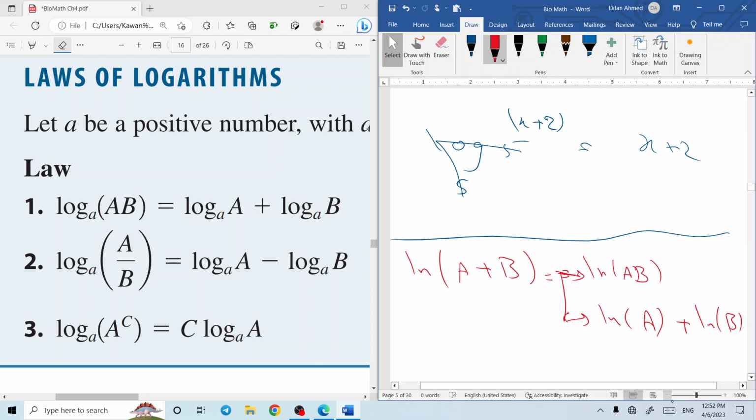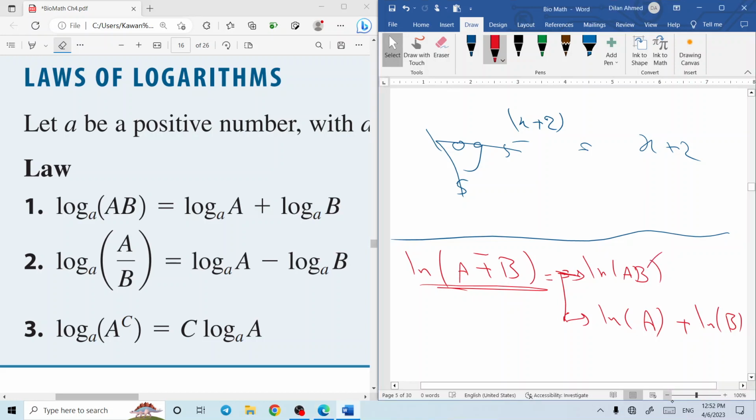So that's why I say capture it, memorize it. We don't have such a thing. Listen to me, it's a little bit tricky. ln can be distributed over multiplication. ln or log can be distributed over division, but cannot be distributed over addition or subtraction.